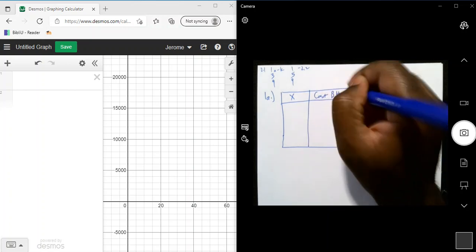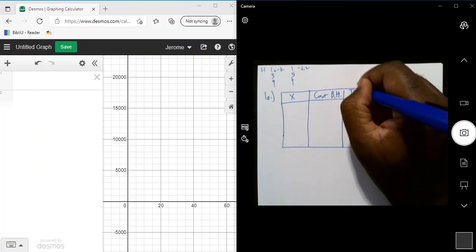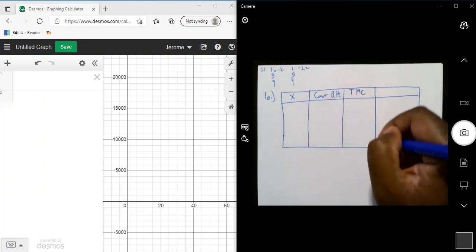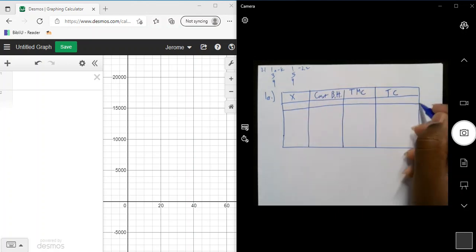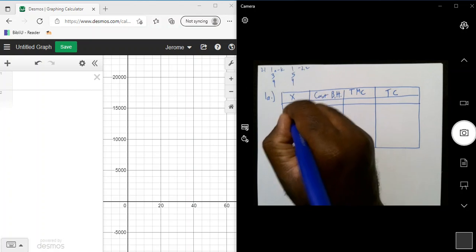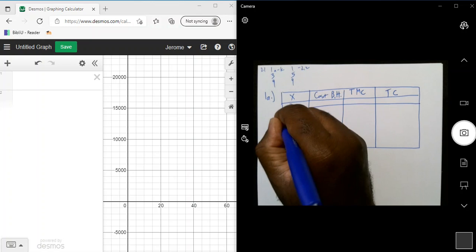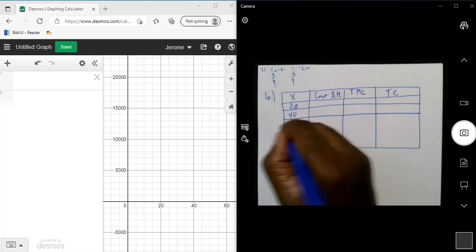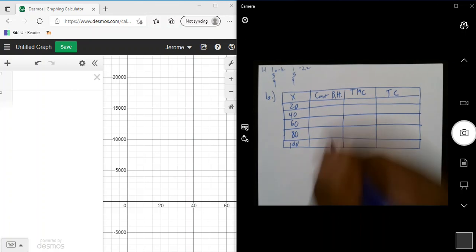I just put BH, and then the total meal cost, and then finally the total cost. So you have 20, 40, 60, 80, 100. These are the amount of people that's given to you that will attend.